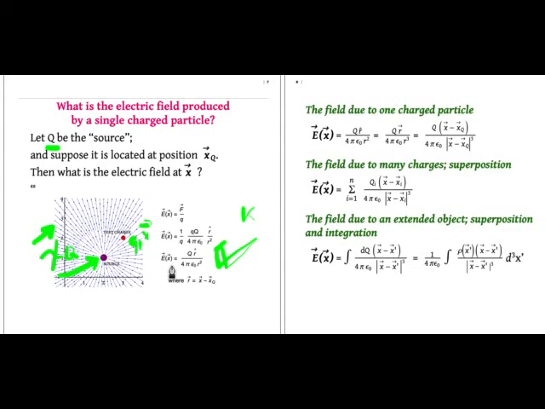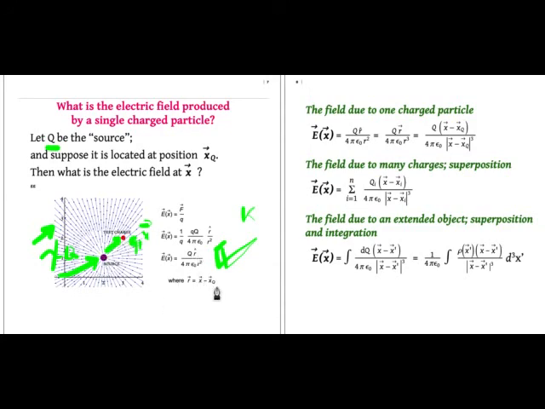So this is the electric field for one particle, one source with charge Q. Now what's R? R is x minus xq. If I think back to the force, R is the vector from the charge capital Q to the charge little q.